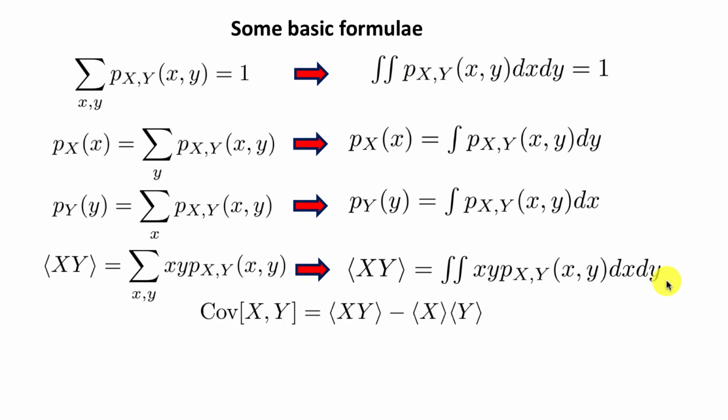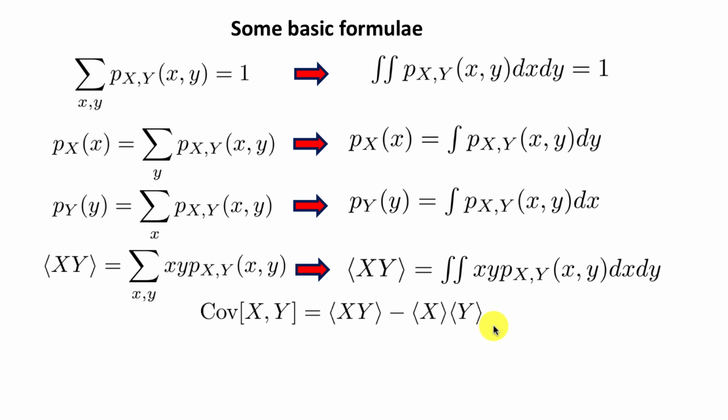Now the covariance of x and y, as before, is defined exactly as you would expect. So it's the average value of xy minus the average value of x into the average value of y.